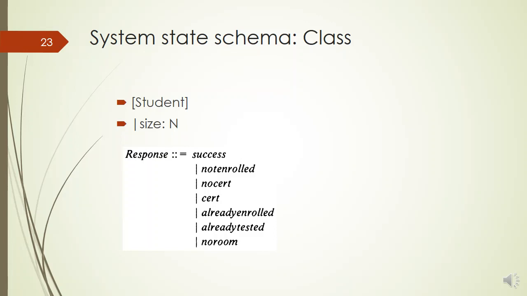So we declare here a basic type student, and in order to declare a global variable about the size of the class, we need an axiomatic definition. So this is basically an axiomatic definition to declare a global variable, which is about the size of the class.